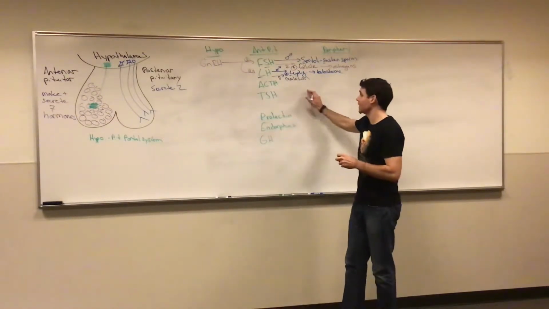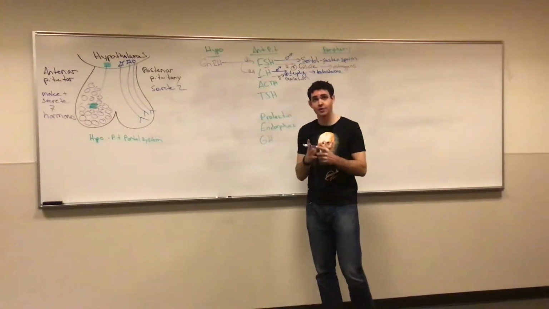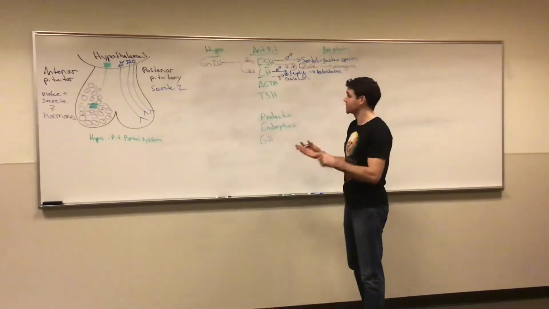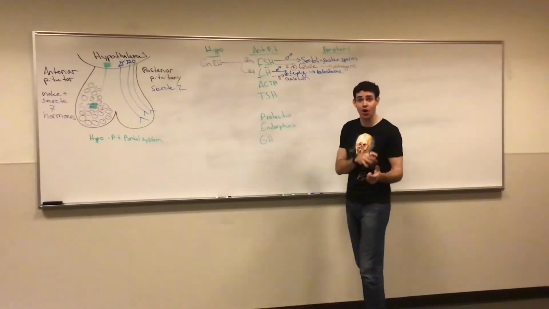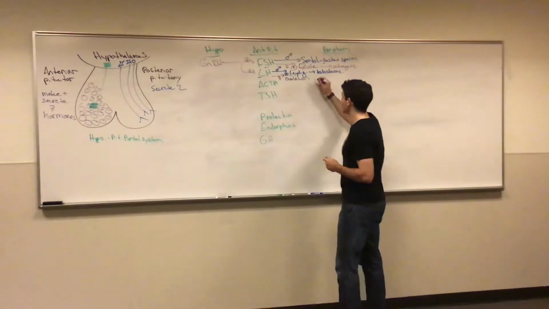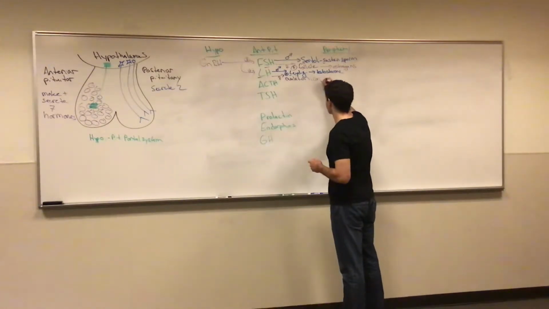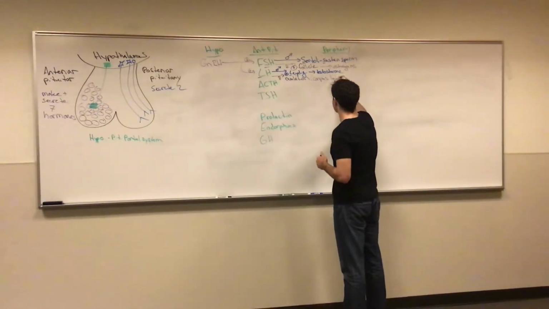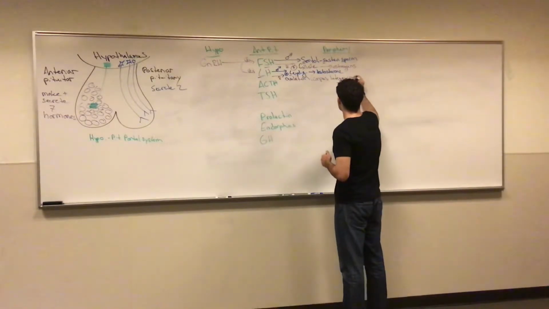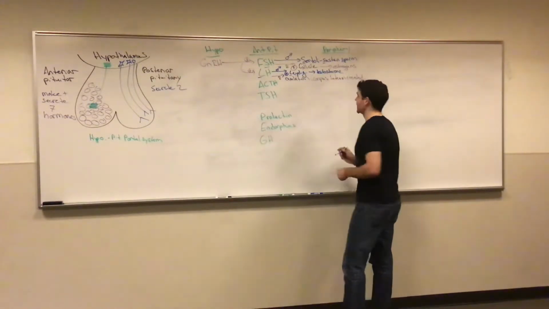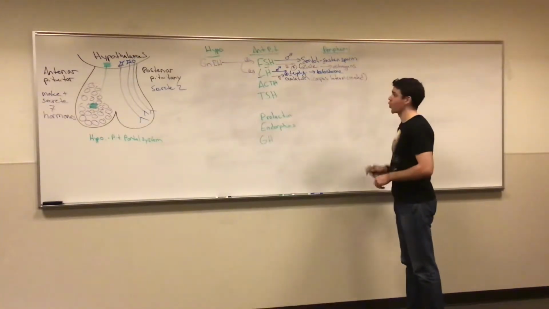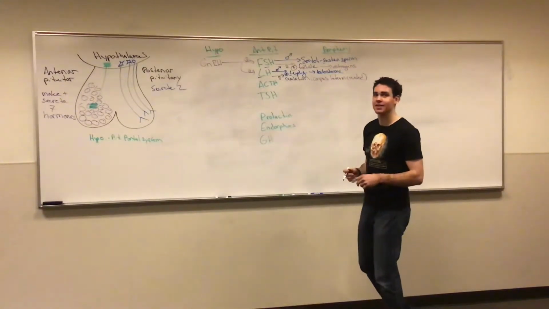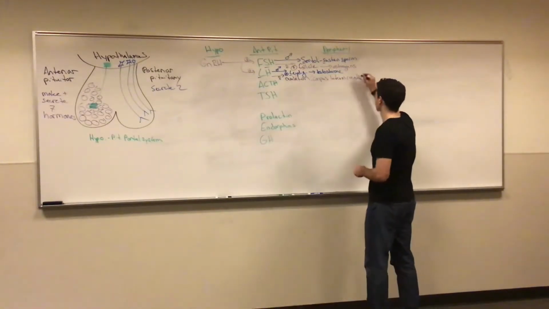What gets ovulated is the ovum cell and some of those surrounding cells, but some of the surrounding cells stay behind in the ovary and create what's called the corpus luteum, and the corpus luteum then secretes progesterone.